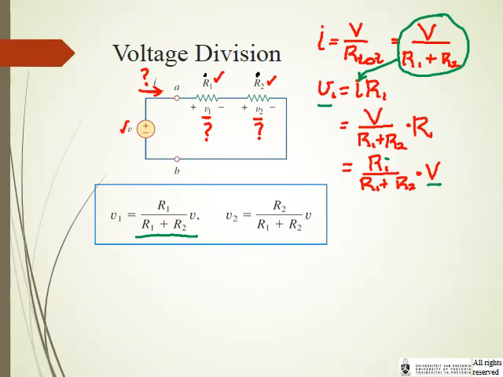We can then do exactly the same for V2: we need R2 at the top, and at the bottom it's still the sum of the two resistors, multiplied by the total voltage. So that's a quick way of calculating the voltage across a series combination of resistors. Very important, voltage division works when you have a series combination of resistors.